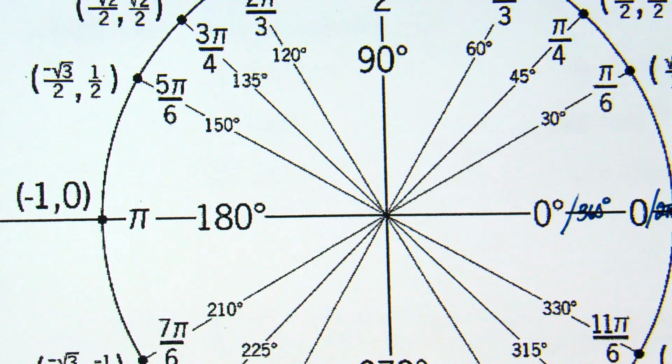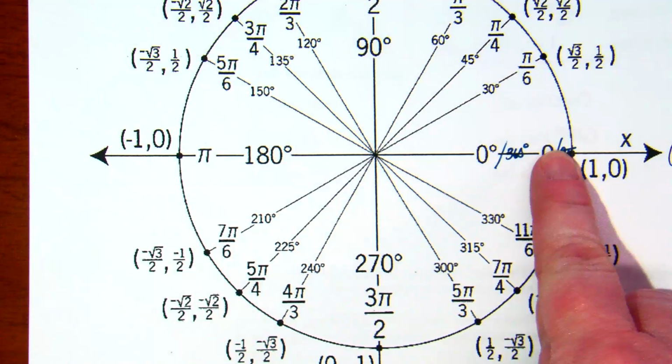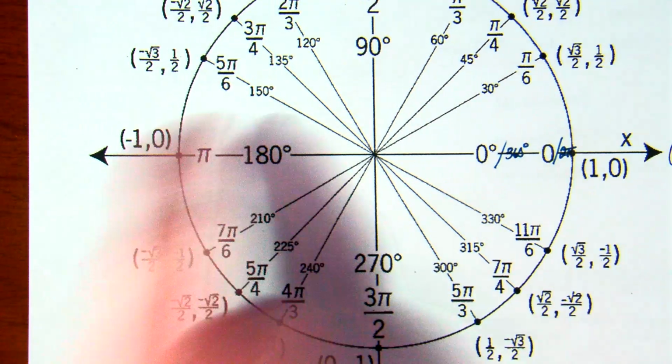Negative 210 degrees is not in the third quadrant. Okay, and I'm going to teach this a couple different ways. Officially, the quadrant 3 answer came because you guys are thinking positive, right? Officially, if I start here at 0, and I go around the circle, here's 180, 210 is down here, right?